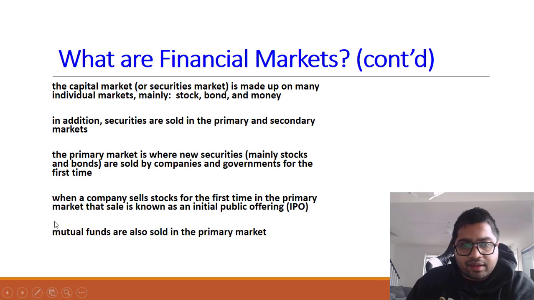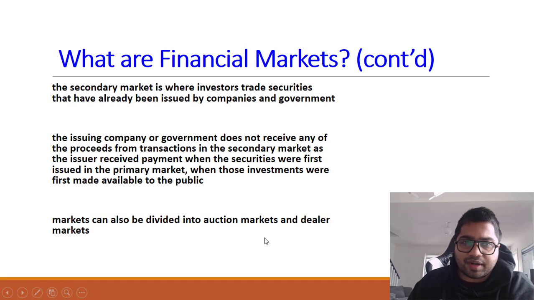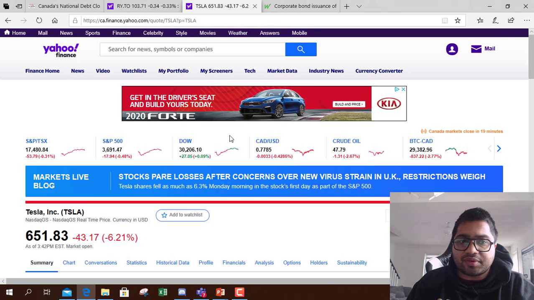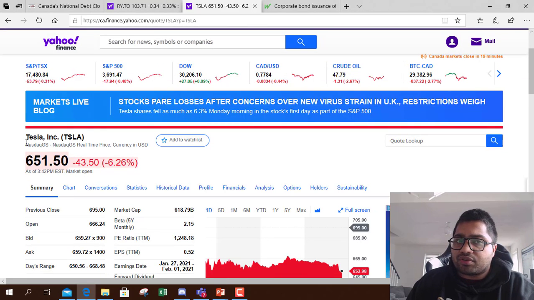A company sells stock for the first time in the primary market. It is known as an IPO. Mutual funds are also sold in the primary market. The secondary market is where investors trade securities that have already been issued by companies and governments. For example, we were talking about Tesla. If you buy it on NASDAQ, you are buying Tesla from some other investor.